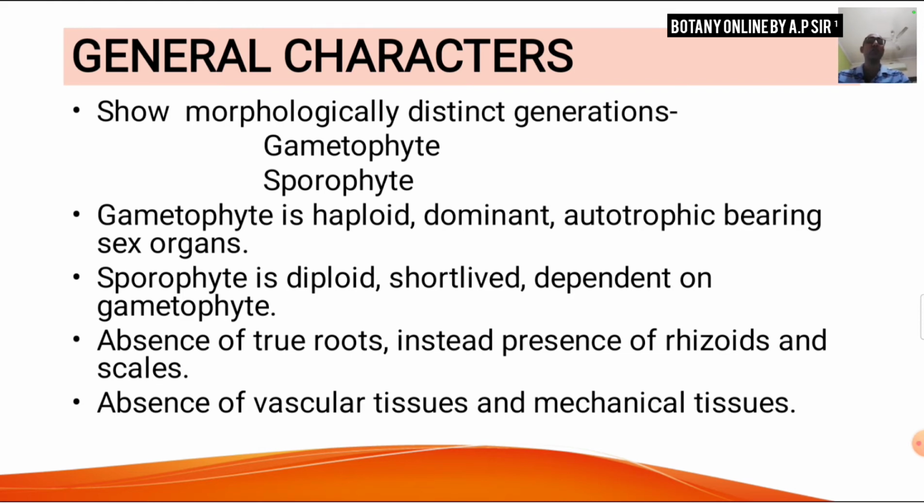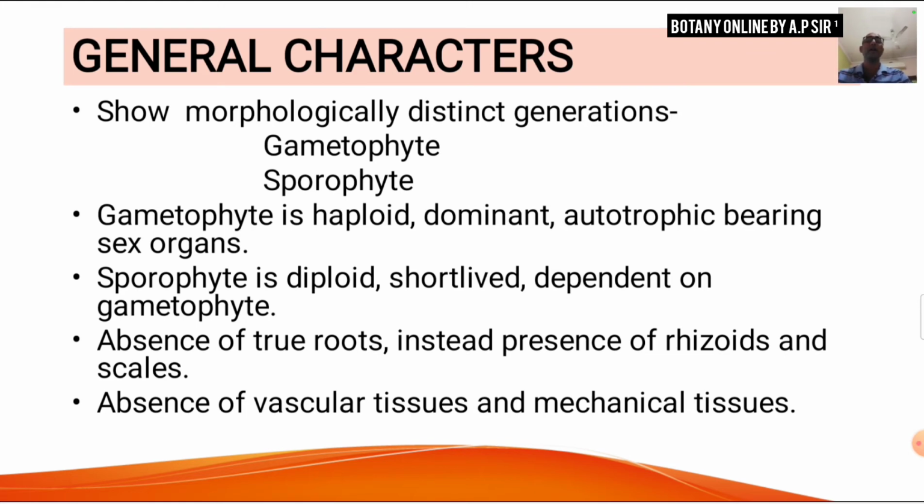Now, the gametophyte is haploid, dominant and autotrophic, and it bears the sex organs. And what about the sporophyte? The sporophyte is diploid, just the opposite, but it is short lived. And it is totally dependent on the gametophyte. As the gametophyte is autotrophic, the sporophyte is totally dependent on it.